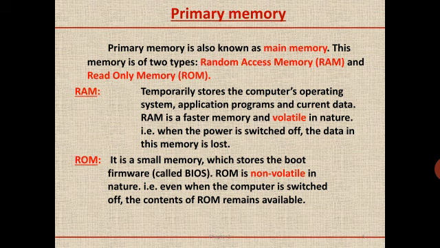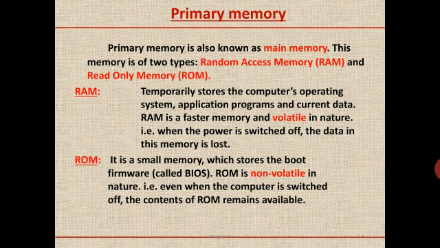Third internal memory is primary memory. Primary memory is also known as main memory. This memory is divided into two types: random access memory, RAM, and read-only memory, ROM.